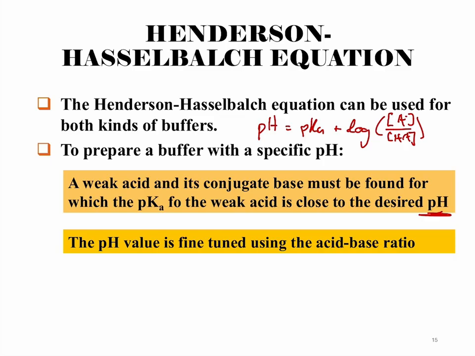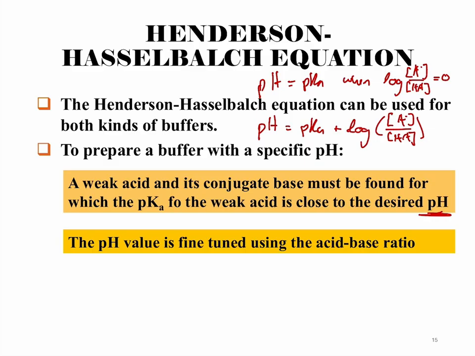When the log term is equal to 0, right? So the pH equals the pKa when the logarithm of A minus over HA is equal to 0. Does anyone know when the logarithm is equal to 0? When the inside is equal to 1, right? So what does that mean physically for the system? Yeah, we start with the exact same amount of conjugate base and weak acid.